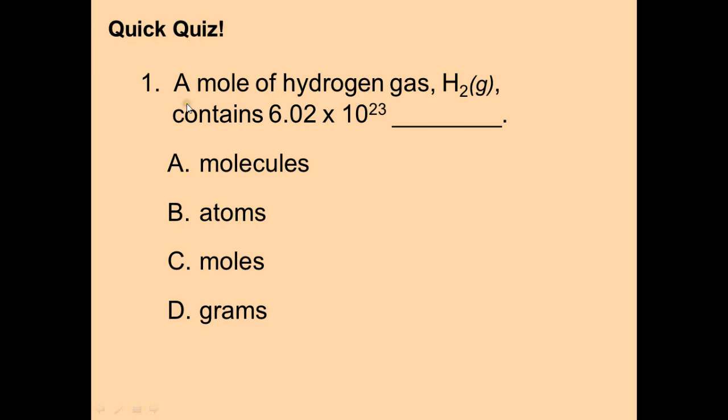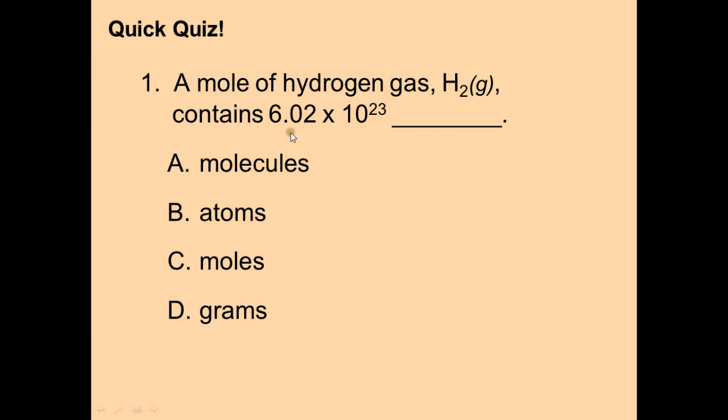Well, 1 mole of hydrogen gas, but remember this is H2, so this is not an atom. This technically is a molecule, so it can't be atoms, because if it was individual hydrogen, it would be atoms.